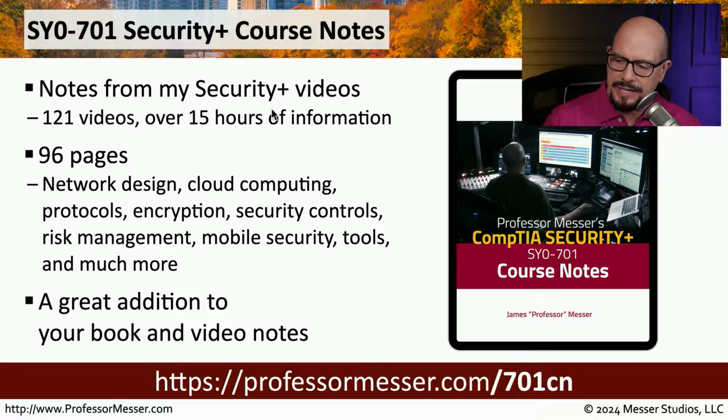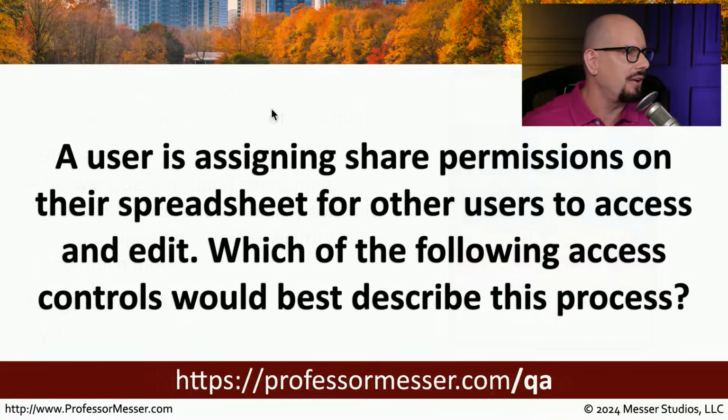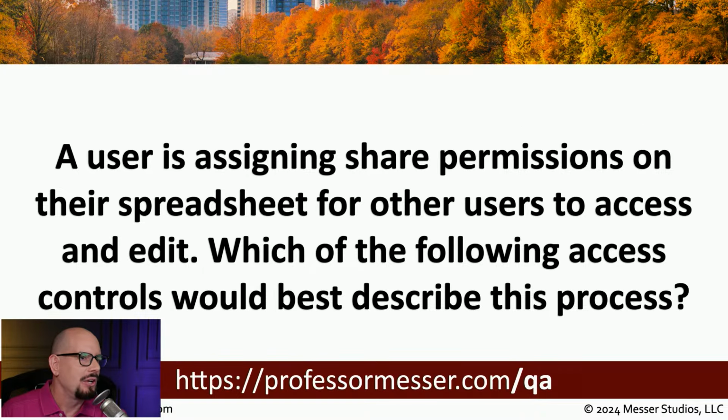Let's now go see if we know the next question on our list. This next question asks, a user is assigning share permissions on their spreadsheet for other users to access and edit. Which of the following access controls would best describe this process?